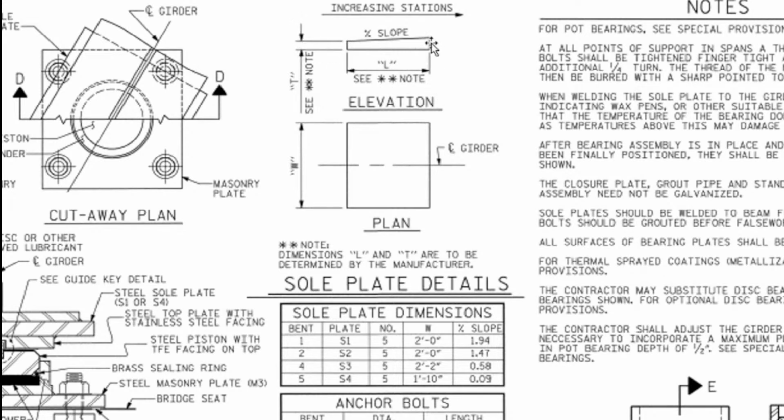So this is T and L. There is a dimension for T, thickness, L, length. What else? W, the width. Oh, this is the girder centerline. So asterisk, what does it mean? Dimensions L and T are to be determined by the manufacturer.